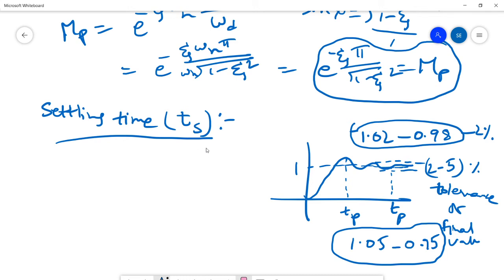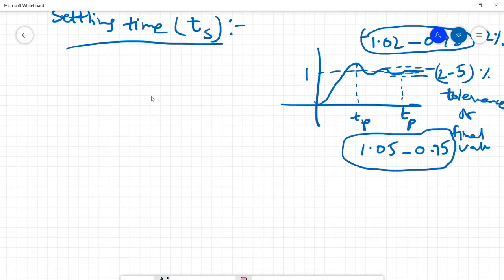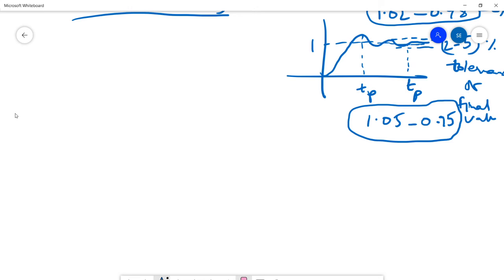So if you observe the C of t, that is the expression for an underdamped system, there are two terms.